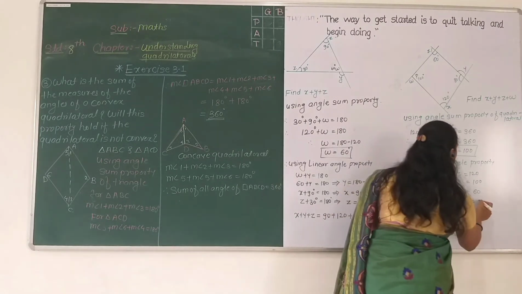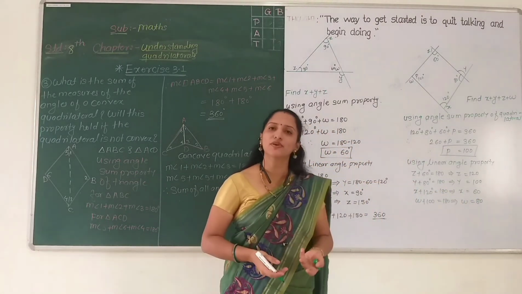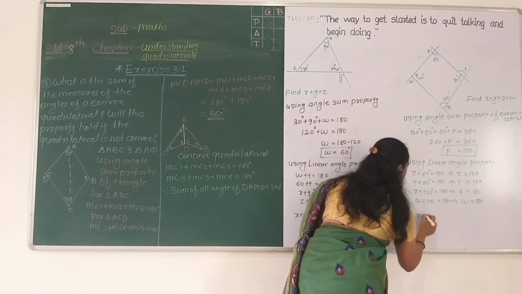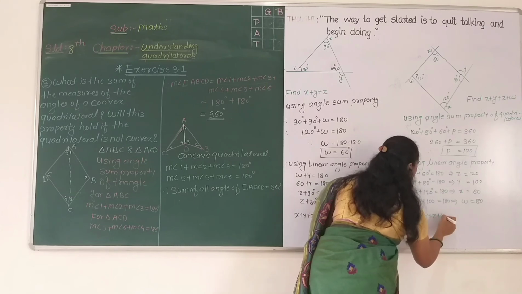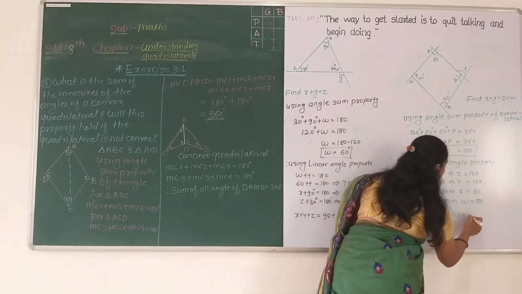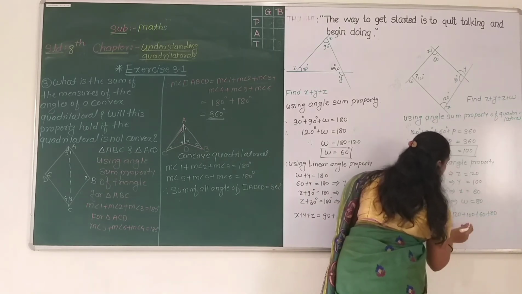So it is 80. So we can get here x, y, z and w, all the angles. So just find out the sum. So therefore x plus y plus z plus w is equal to what? 120 plus 100 plus 60 plus 80. Now find out the sum.